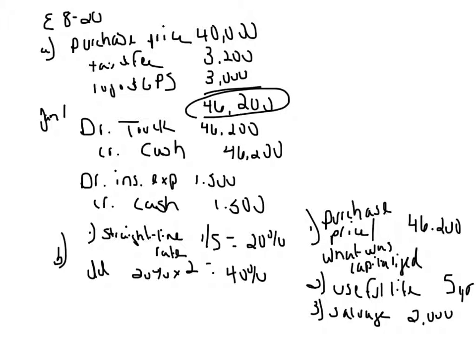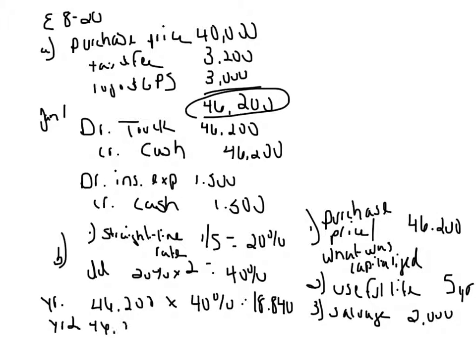So you're going to take the full 46,200 times the 40% rate, which should get you to 18,480. And then the following year, so this would be year one. I know it's not asking you for year two, but if you did year two, you're going to take the 46,200 minus the 18,480 times the 40%.